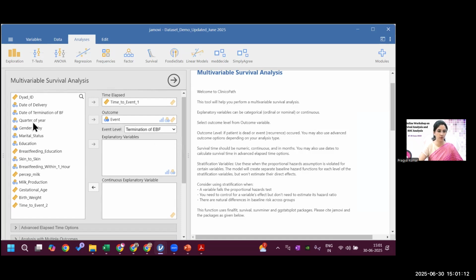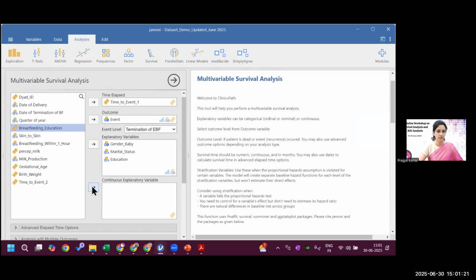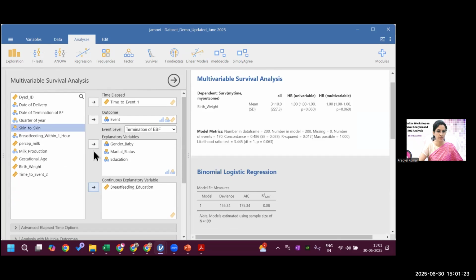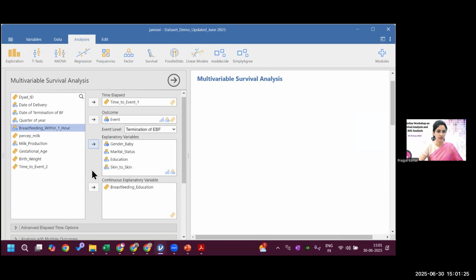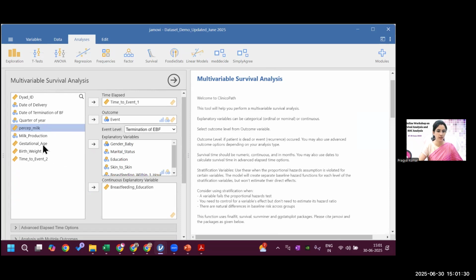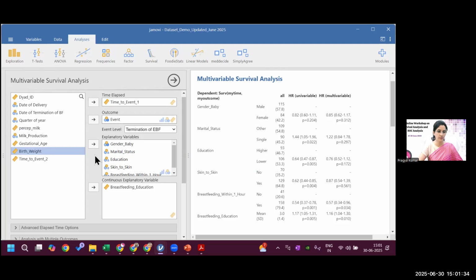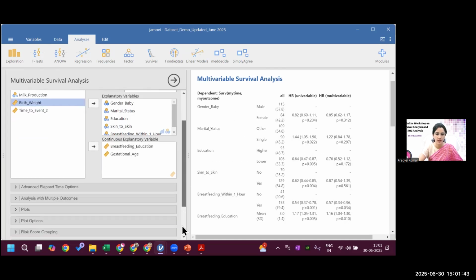So I will have all my significant variables: gender, marital status, education, breastfeeding education, skin to skin contact, breastfeeding within 1 hour. Perception was not significant. Right now, let's say I'm taking gestational age. We'll see both of these, but we don't have to enter the two together.